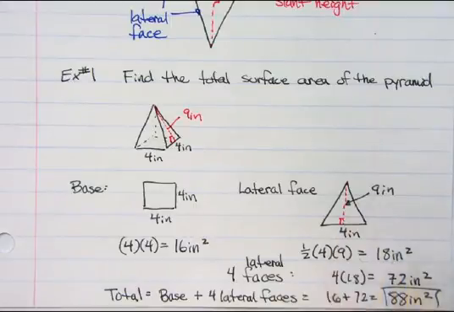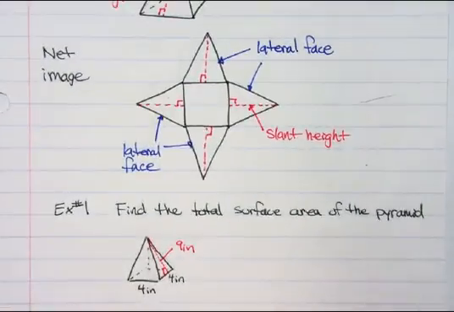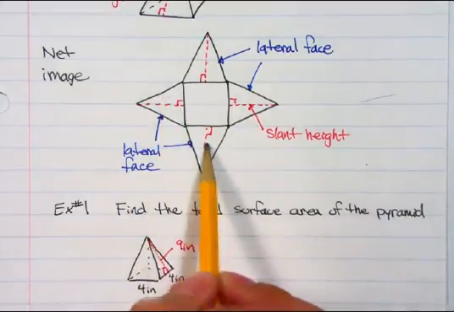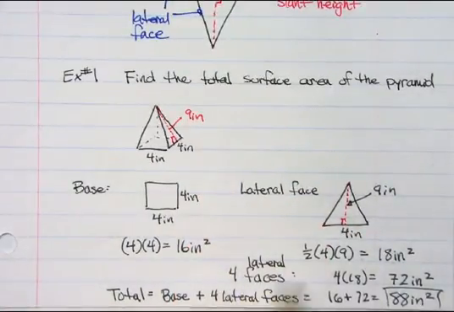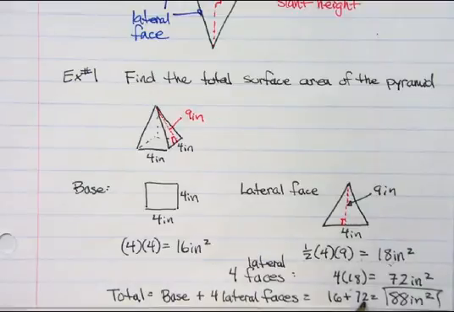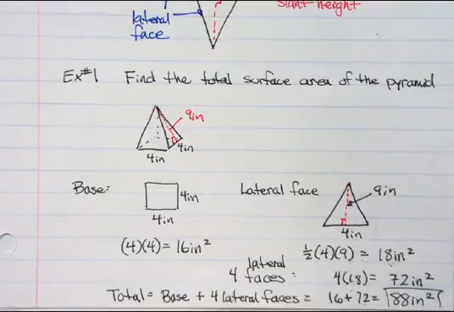Now, there's 4 of these faces. Remember, if I broke this back up, there are going to be 4 triangles to make that pyramid. So 4 faces is 4 times that 18 I just found. That's 72, and so those are all the lateral faces. 16 is just the base. And if I add everything up, I get 88 inches squared.